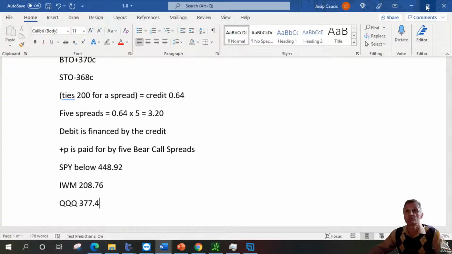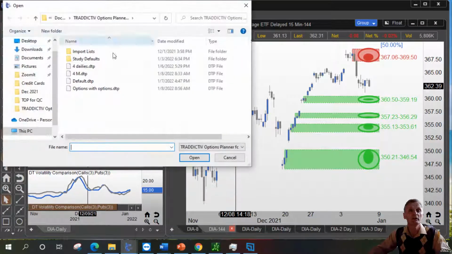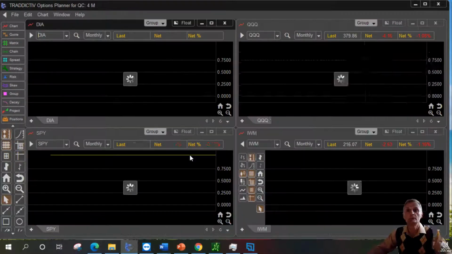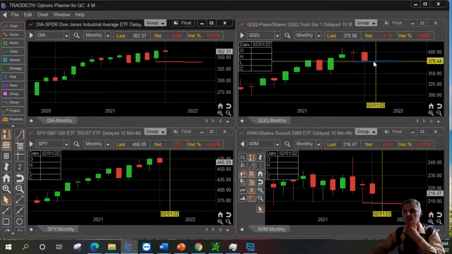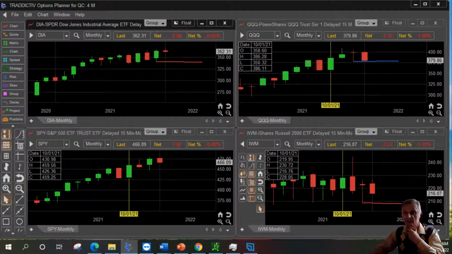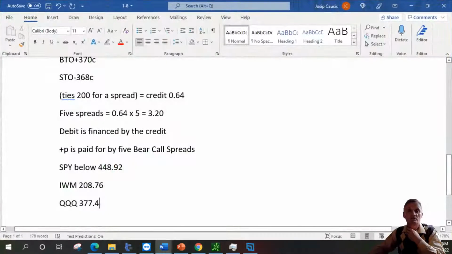Let me just double check, are those numbers correct? Open page, four monthlies, loads up. Yeah, so the QQQ line is at 377.47, which is what we typed in. 377.47, IWM, and SPY, right?